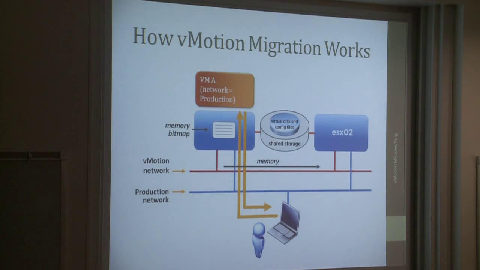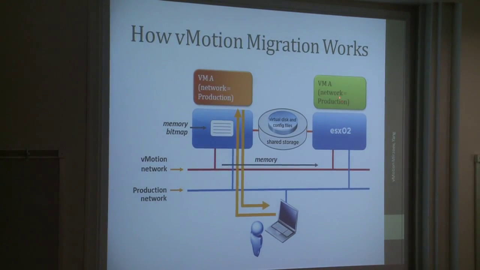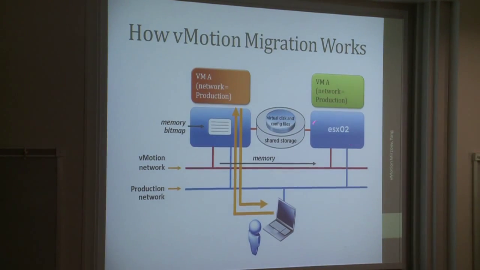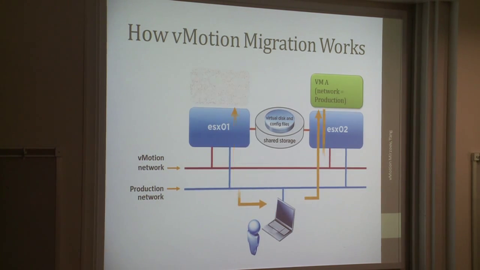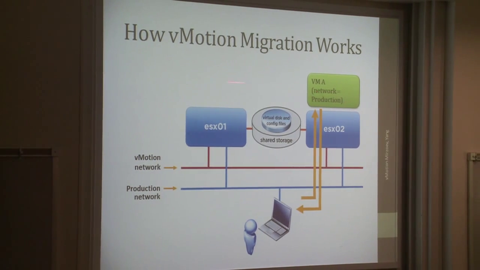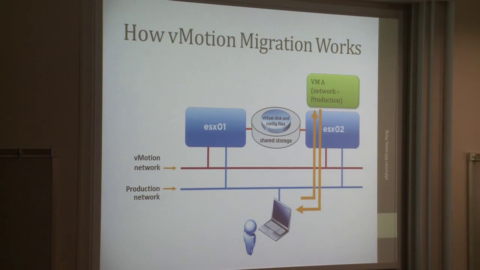And once that bitmap is applied, an identical VM is created here on the destination physical host. And as soon as it says I've created the VM, it deletes this machine and reconnects the user. So the machine state, the data in the machine, nothing is lost.